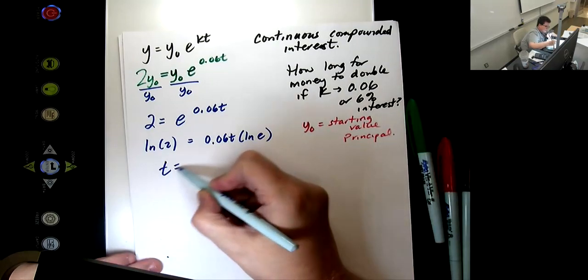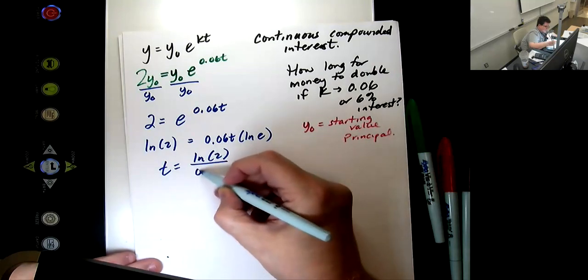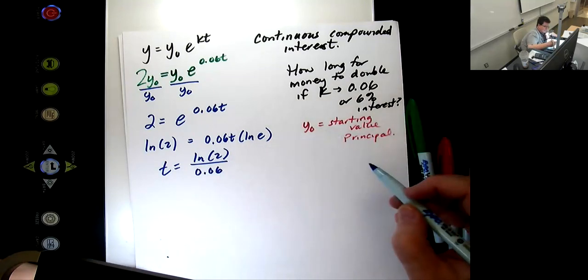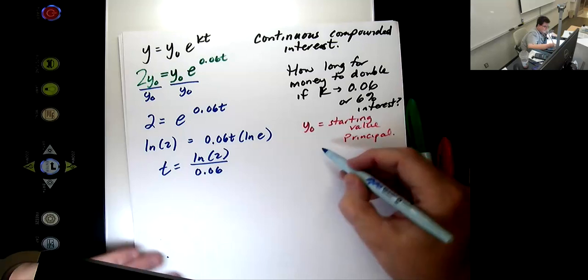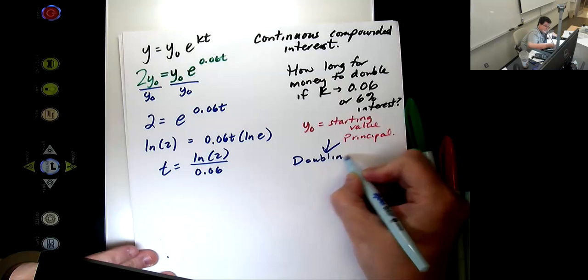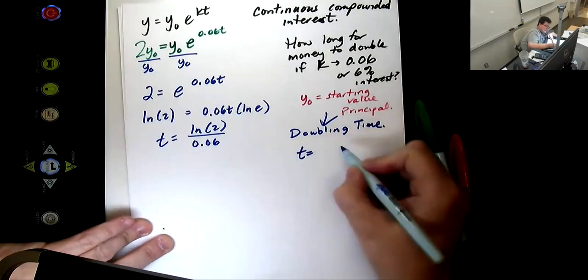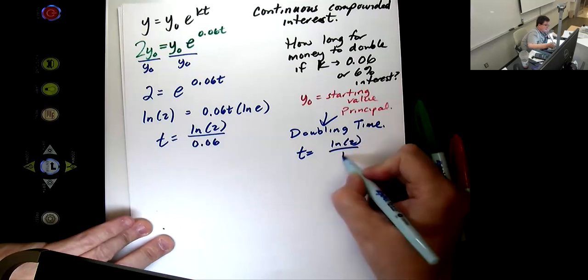And I get t equals the natural log of 2 over 0.06. You're going to find the doubling time is always this: t equals ln of 2 over k.